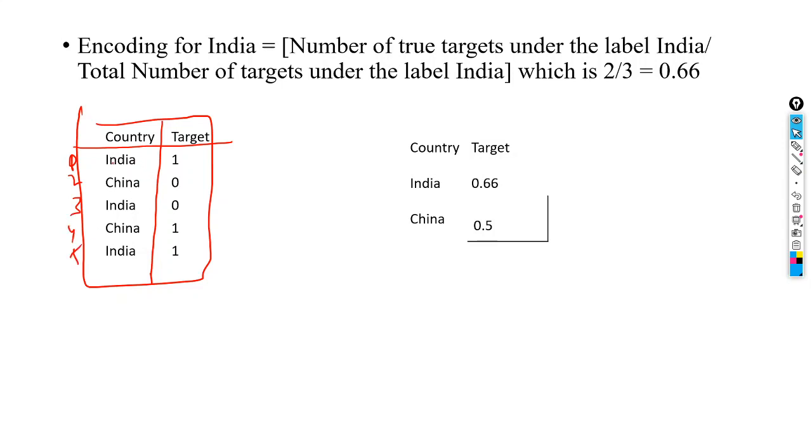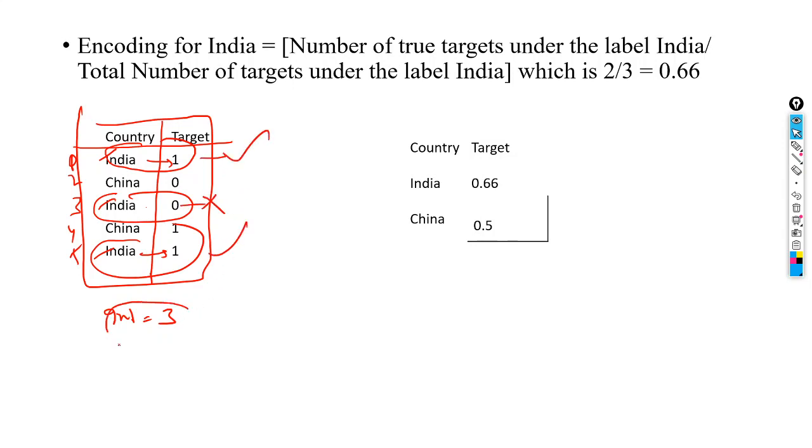India is repeated three times. Of the three India rows, this one is a match, this one is a match, and this India is a mismatch. So out of 3 India, 2 are correctly matching, so that is 2 by 3.